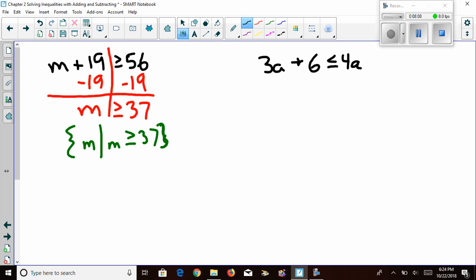Let's indicate that with a number line. 37. Let me clean this up. Decided I'd count by ones this time.